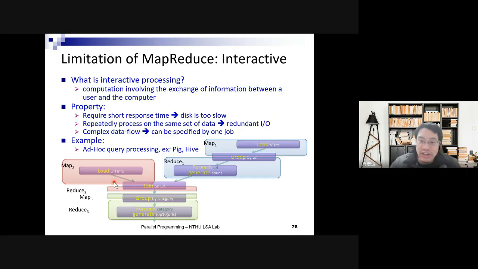So it's an interaction between the user and the system. And usually, the result from the previous step will be used for the next processing task. So if we again have to store this intermediate result to disk, it will cost a lot of disk I/O. And disk I/O is slow, and the user cannot wait that long.